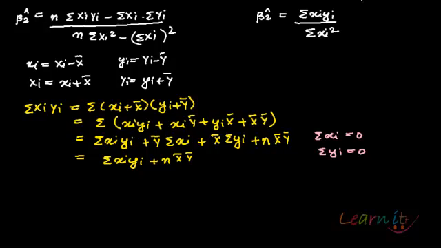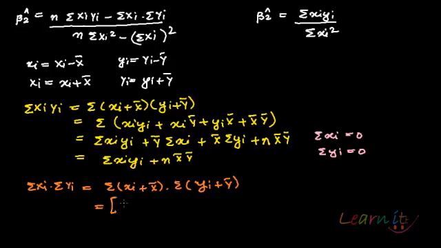Clear? Now, into summation Xi into summation Yi. Fine. So summation Xi into summation Yi would mean what? Summation xi plus X bar into summation yi plus Y bar. Fine. So this would mean what? Applying summation here, this would be summation xi plus nX bar into summation yi plus nY bar.